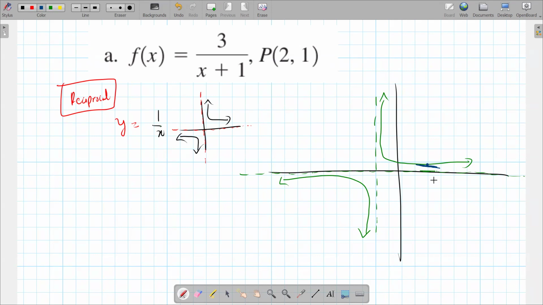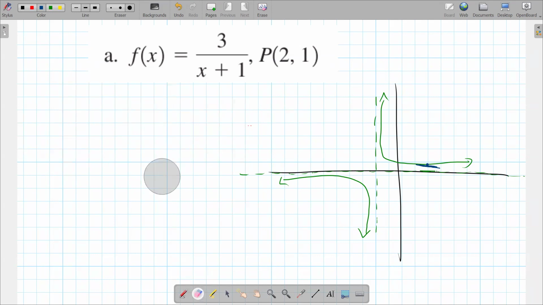It says right there in red. Reciprocal. Which means you cannot use the shortcut method, well, not directly anyways. So how do we find the slope of this? We have to use the difference quotient.